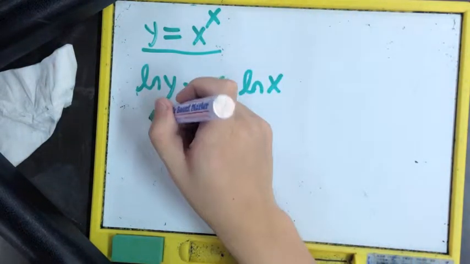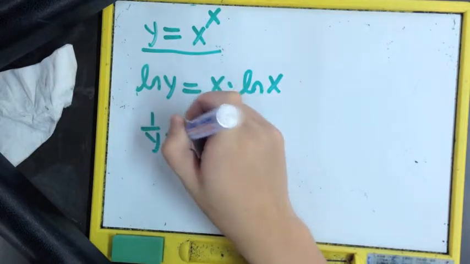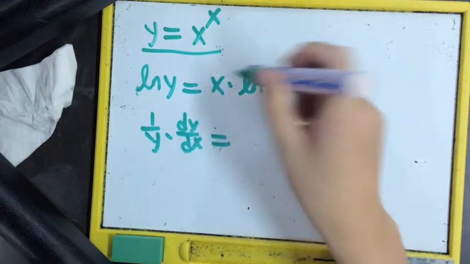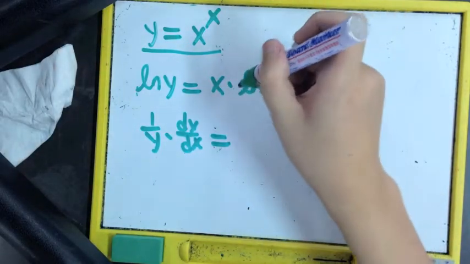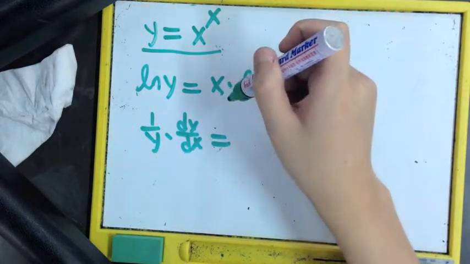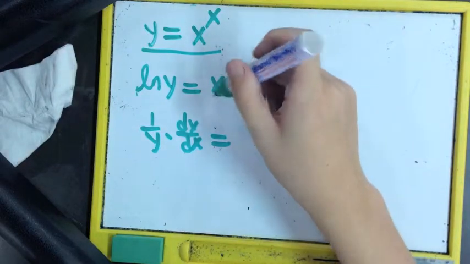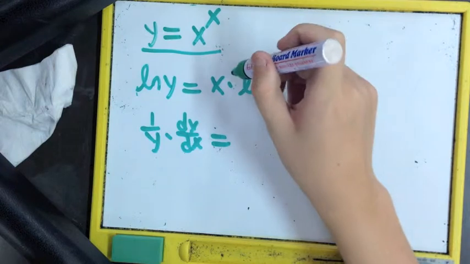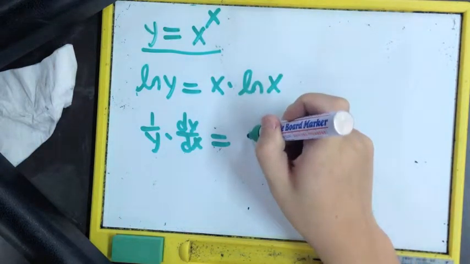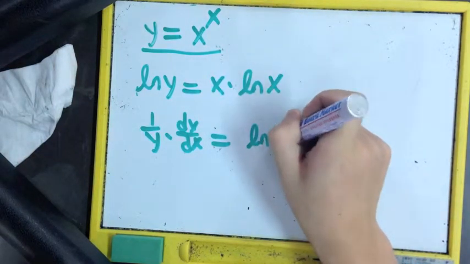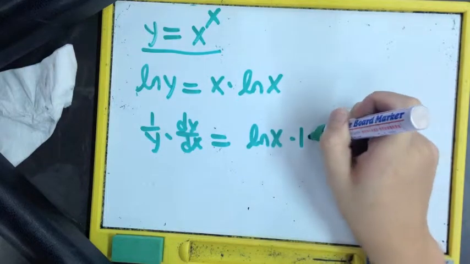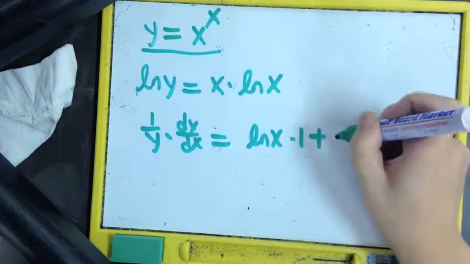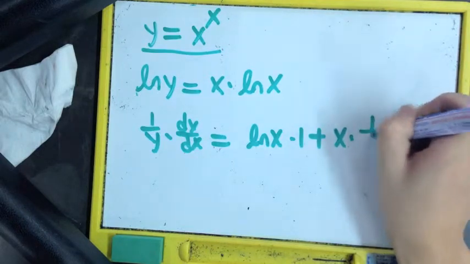So the left side becomes 1 over y times dy over dx equals, on the right side, since it's a product of two functions, we're going to use the product rule. We differentiate the first one, so it becomes ln x times 1, plus, and then we differentiate the second one, x times 1 over x.